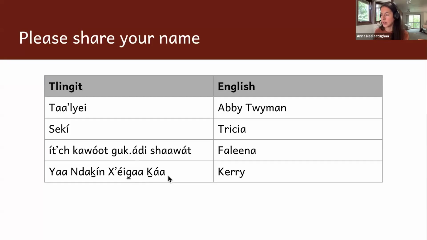So this last word means man or person, and it starts with an underlined K. So that's in the back of your throat. Repeat after me. Ka. Good. Any underlined letters you see like that are going to be pronounced in the back of your throat. So one more time, repeat after me. Ka.